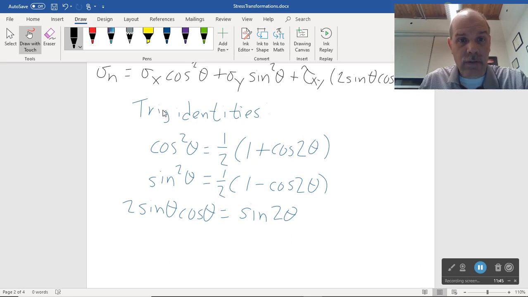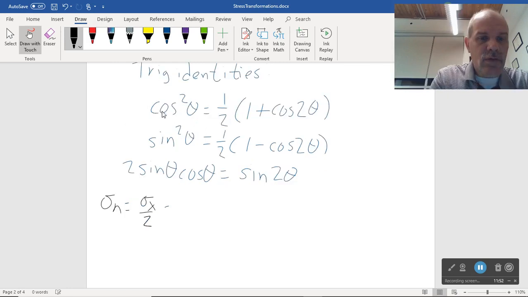So what that means then is sigma n is equal to sigma x over 2, 1 plus cosine 2 theta, plus sigma y over 2, 1 minus cosine 2 theta, plus tau xy sine of 2 theta. And now I can just group this a little bit differently.